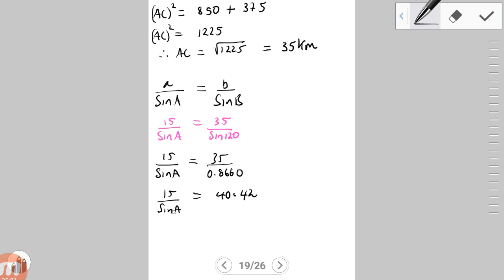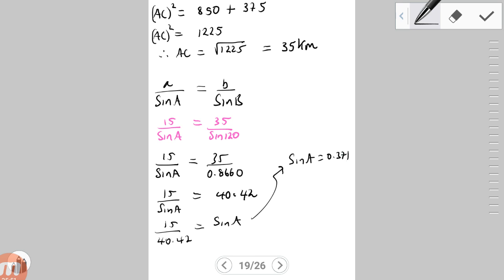Now when the unknown variable is at the denominator, then we swap position. So we'd have ended up with 15 divided by 40.42, and that's equivalent to sine A. Naturally, 15 divided by 40.42 gives us that sine A is equal to 0.371.